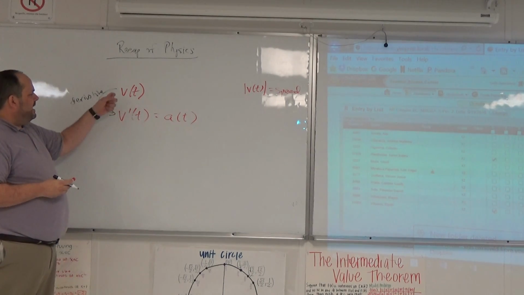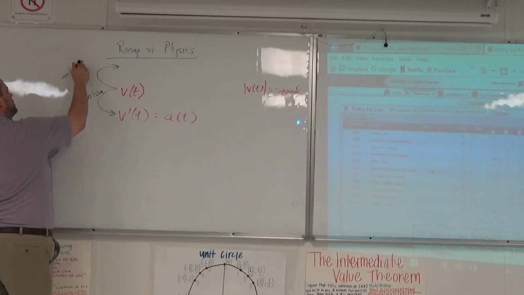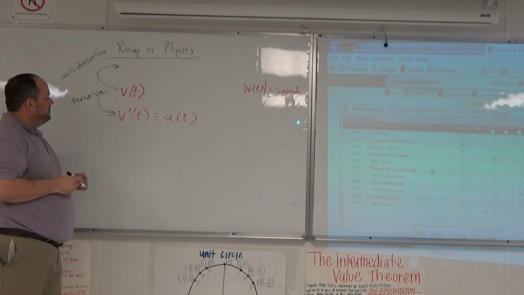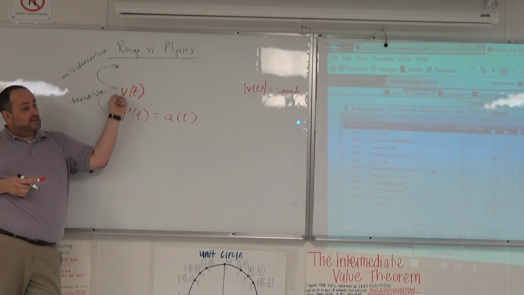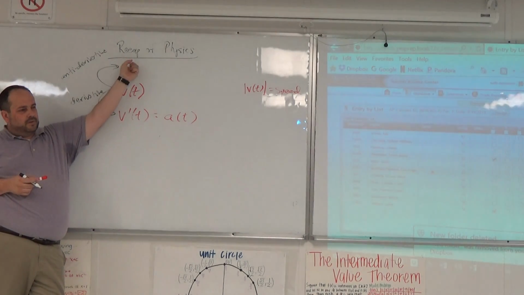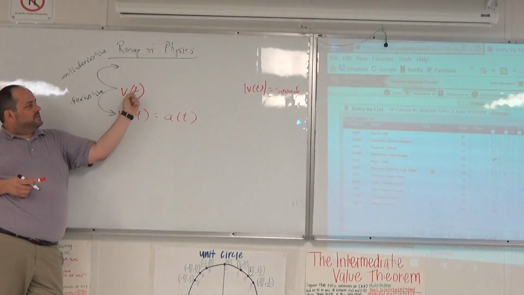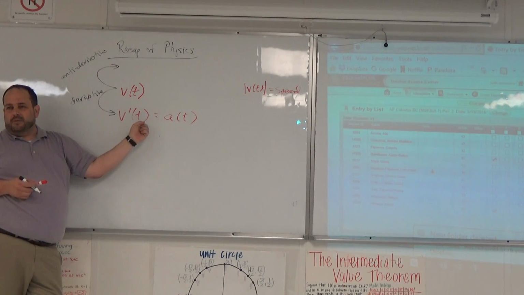Did we talk at all about taking the antiderivative of velocity? No. Trust the instincts here. If acceleration is the derivative of velocity, what would velocity be the derivative of? It's not speed. The units wouldn't work. Displacement. Right? The units here are going to be units like meters per second. Units here are going to be like meters per second squared.